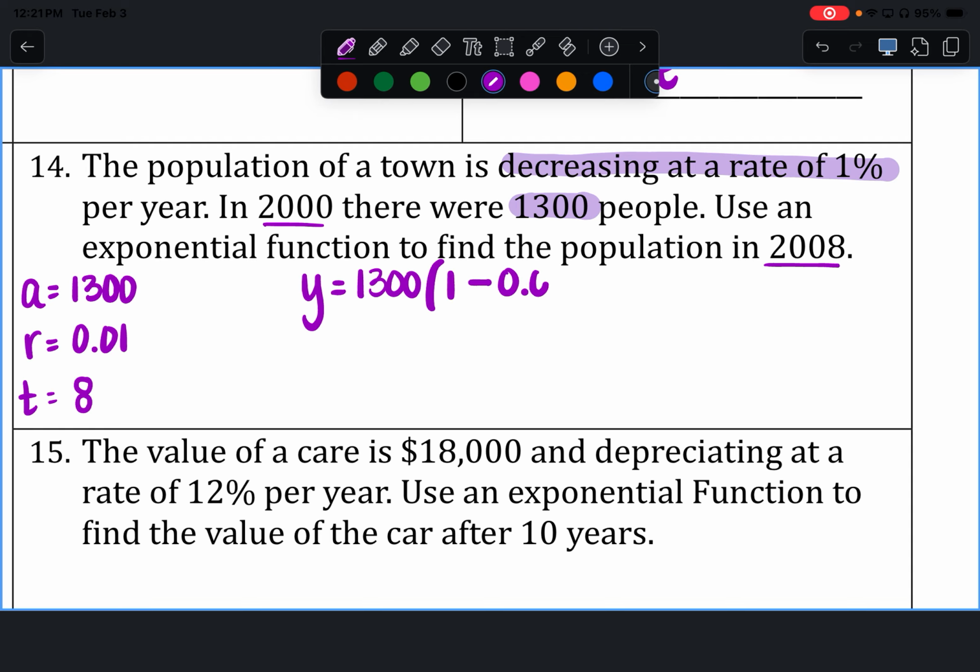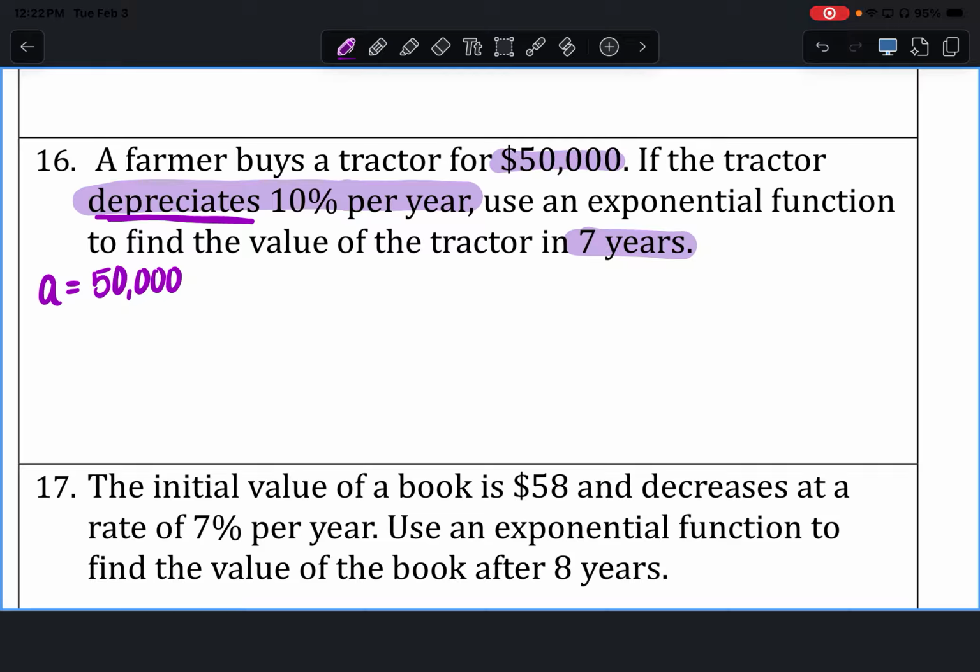The word depreciation is our giveaway here that it is decay. If it's decrease, depreciation, decay. So what is our initial value? Yep, 50,000 for question 16.